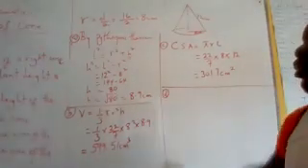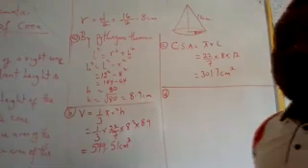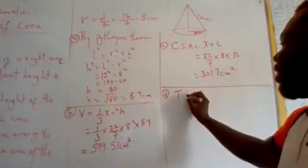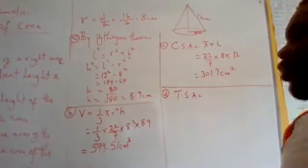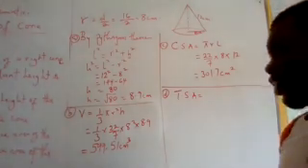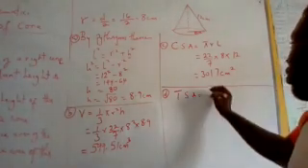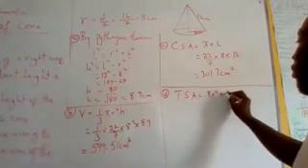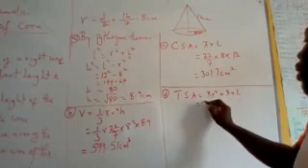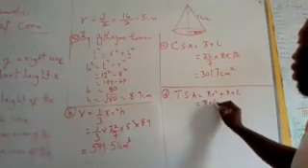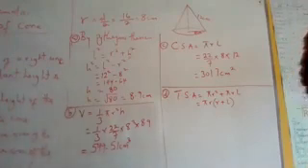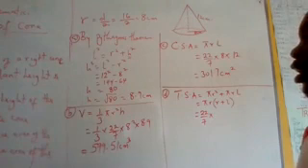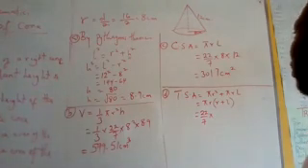And then the next question, which is the last question, they said, find the total surface area. Your total surface area, TSA, is equal to pi R squared plus pi RL, which is pi open bracket R plus L. So what's our pi? 22/7 multiplied by our R, which is 8. Thank you.